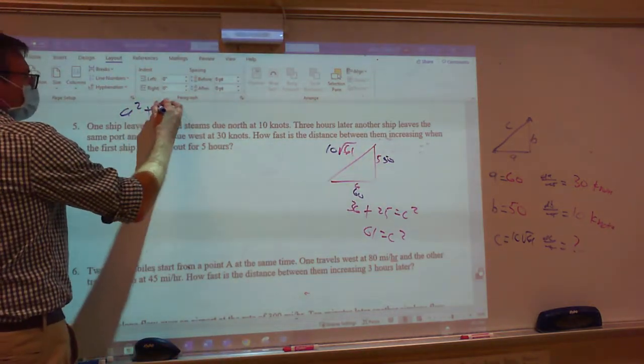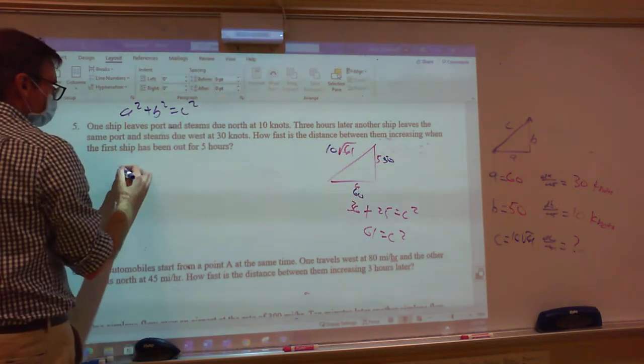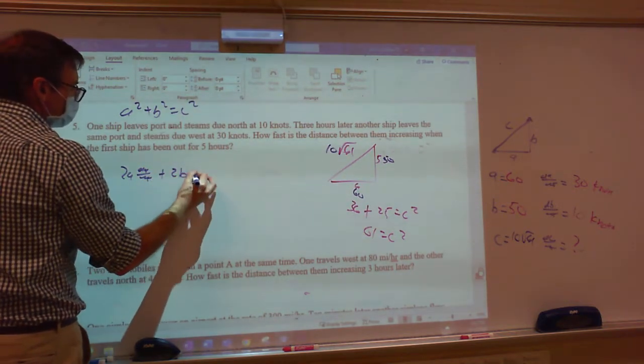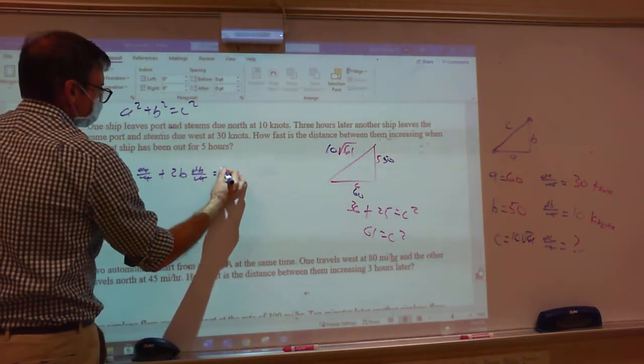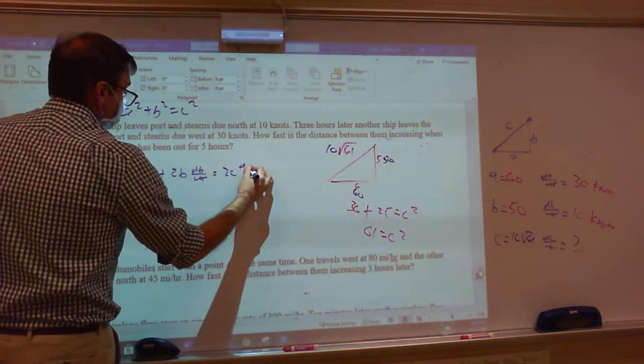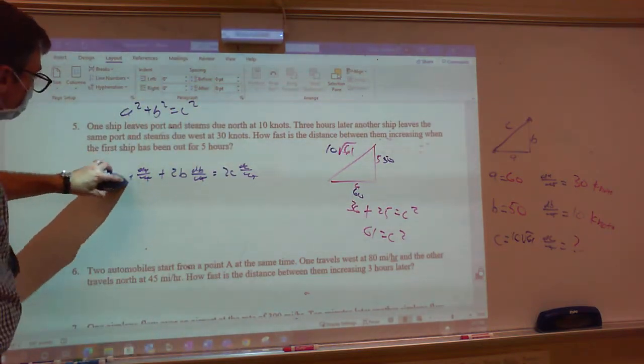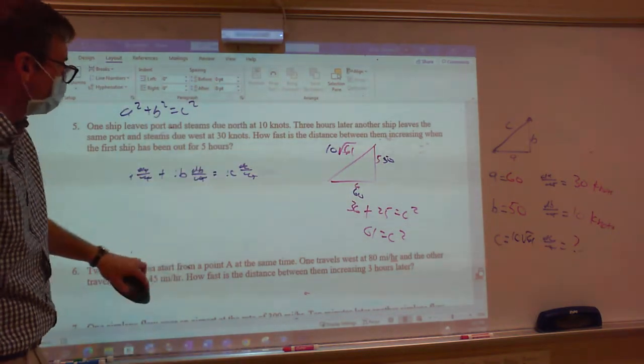So if I have a squared plus b squared is equal to c squared, then that's 2a dA dt plus 2b dB dt equals 2c dC dt. Divide everything by 2, so the 2's go away.